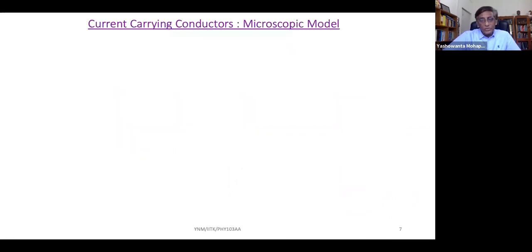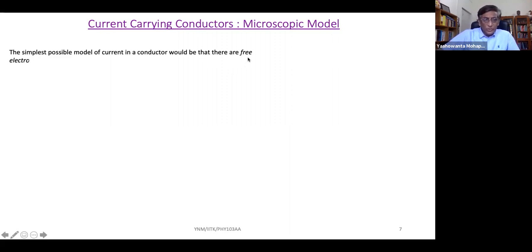We have discussed that a little bit earlier, but let me restate it. The simplest possible model of current in a conductor is that there are free electrons, and they accelerate when a field is applied.